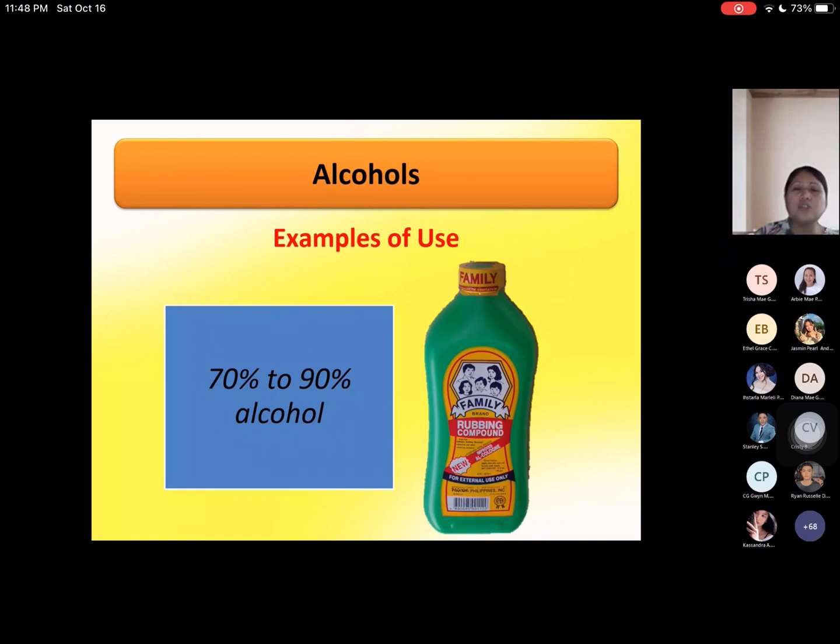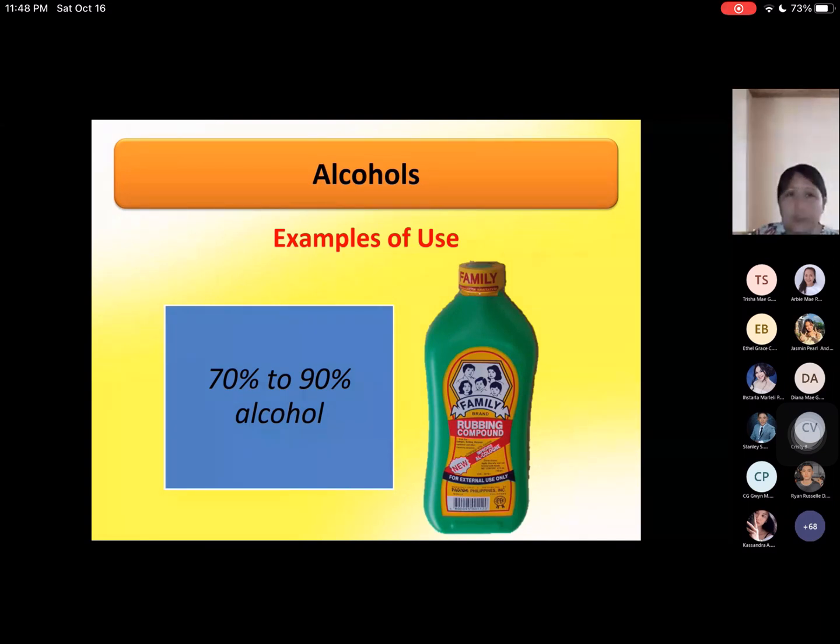Example of the use of alcohol, we have the 70 to 90% alcohol. We can use the rubbing alcohol, which is the isopropyl alcohol, or we have the ethyl alcohol. Remember that the two most commonly used alcohols are ethanol, which is 70% concentration, and isopropanol, or isopropyl, or the rubbing alcohol.